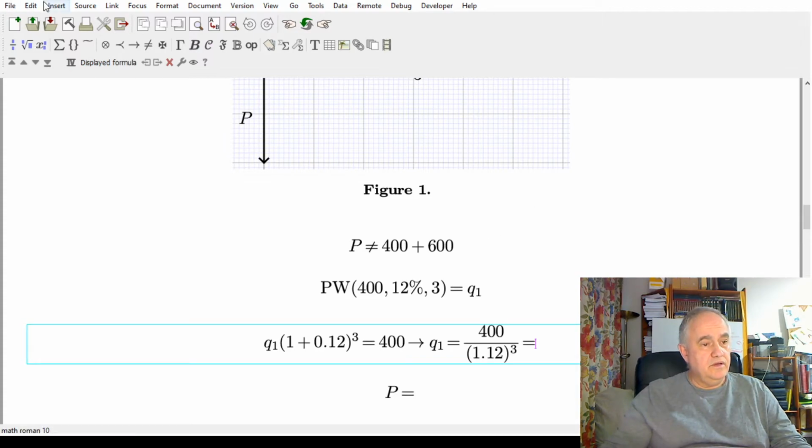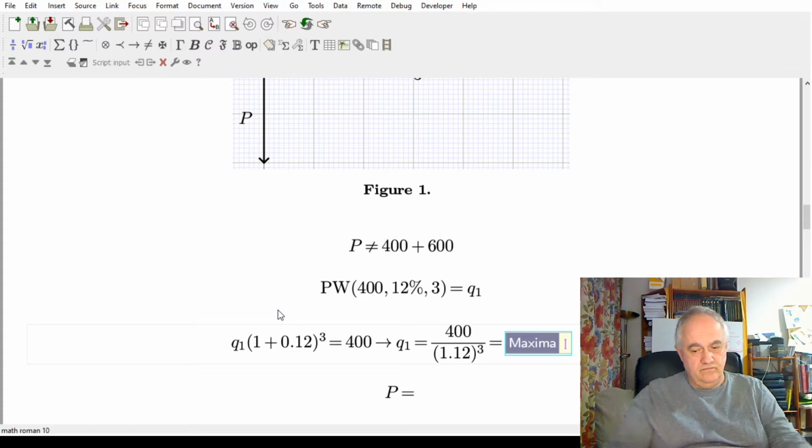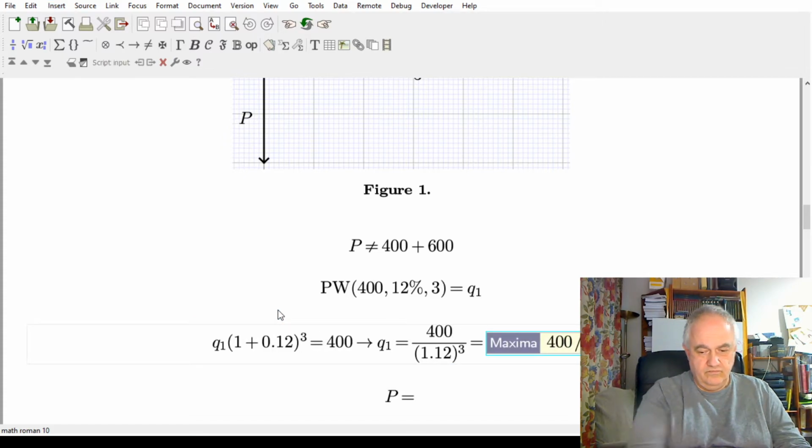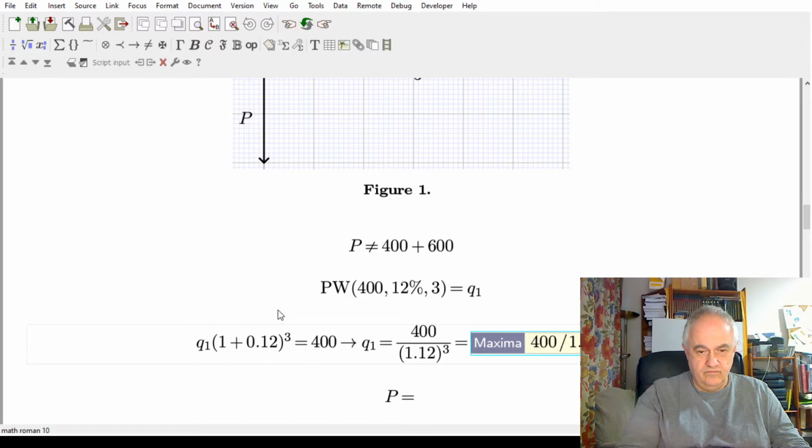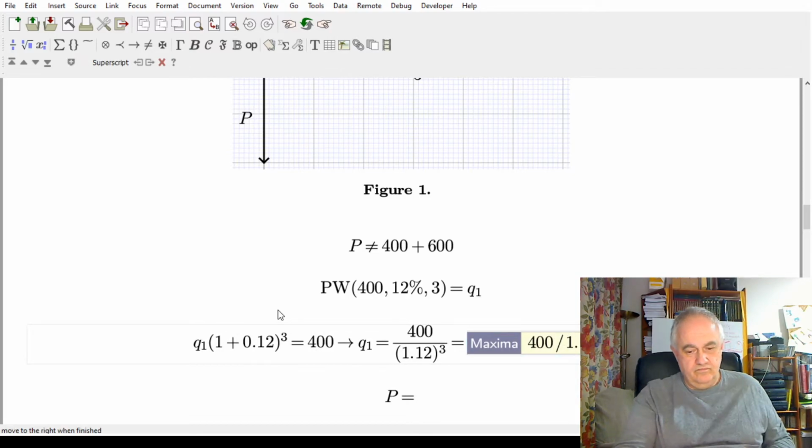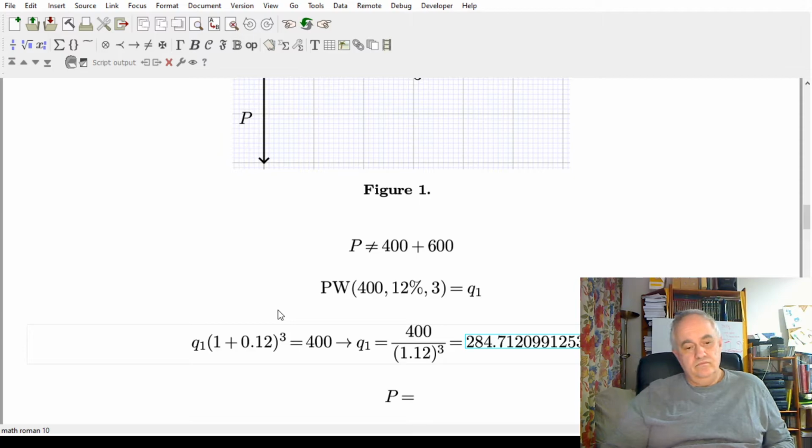I will introduce here another trick. So this amount is the amount that if we deposit in the bank at 12% during 3 years will produce this 400 in 3 periods.